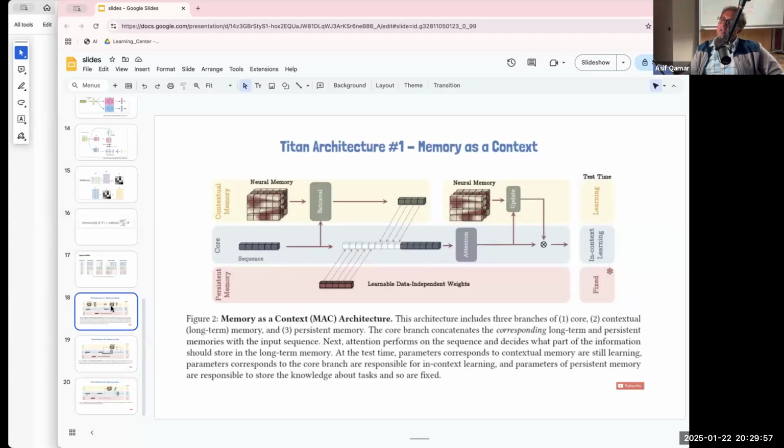That's a question. The answer is we still need RAG. Why? Even though it is definitely better than, for example, a 128K context, 128K tokens, RAG is much bigger.